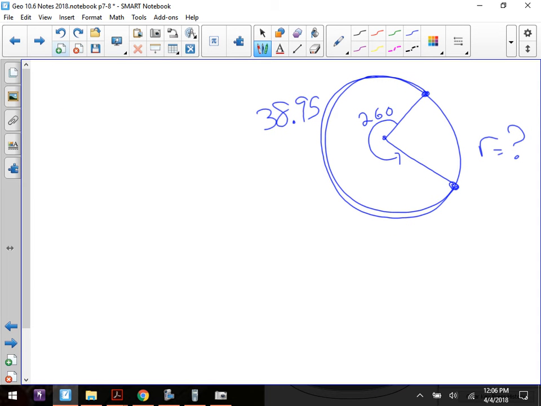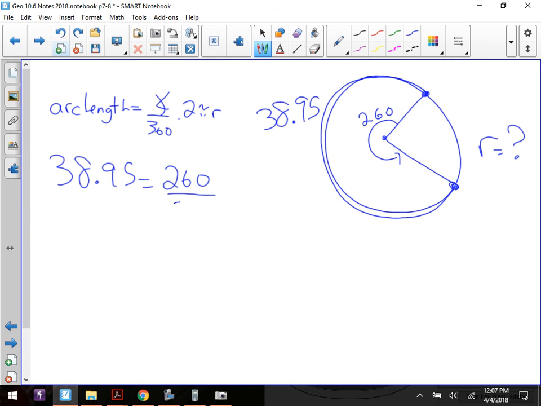So I know that my arc length is angle over 360, 2 pi r. Okay. Fill in the blanks of what you know. 38.95 is 260 over 360 times 2 pi times r.